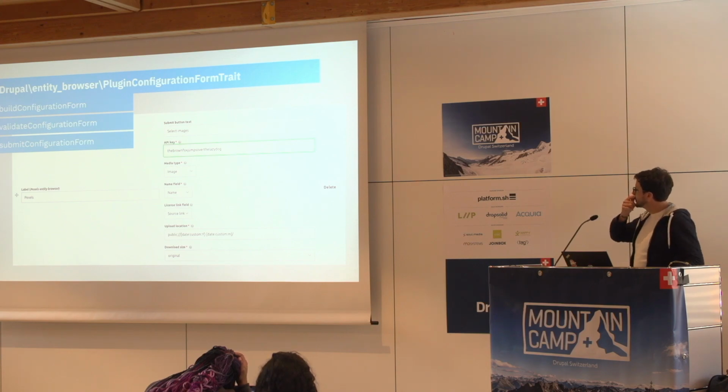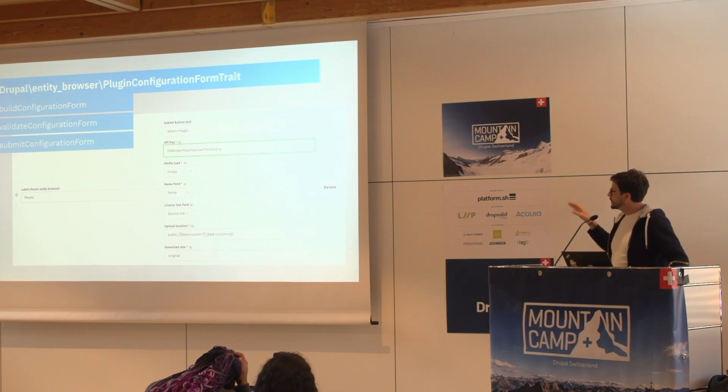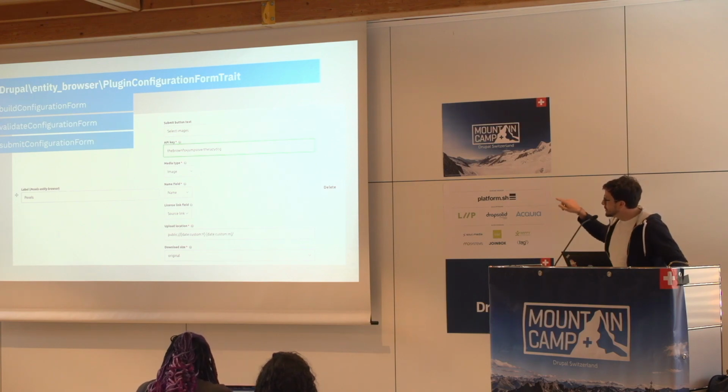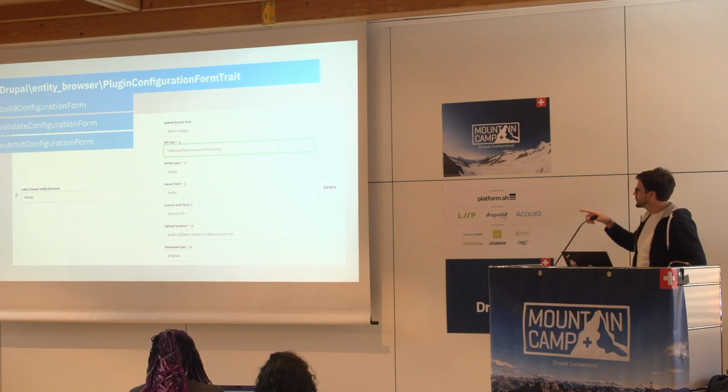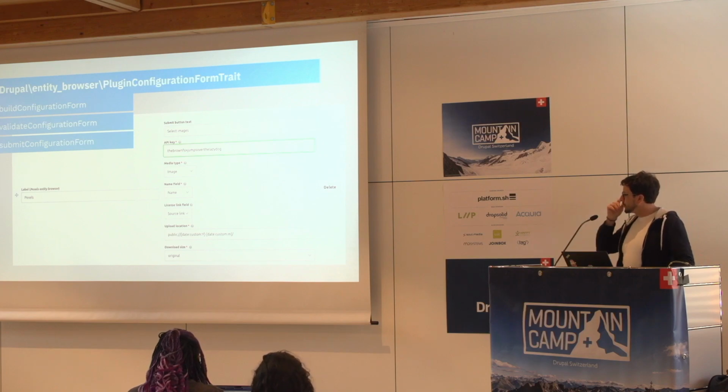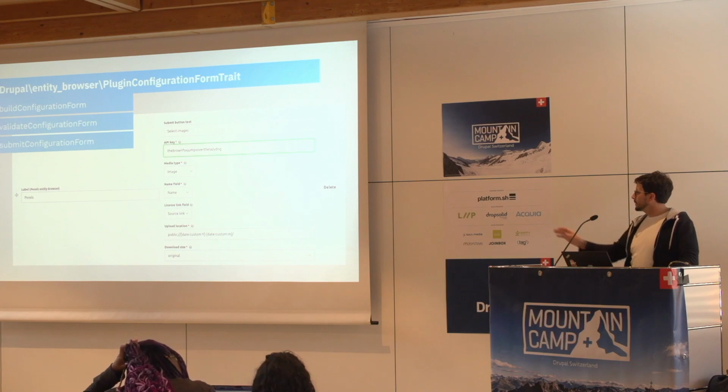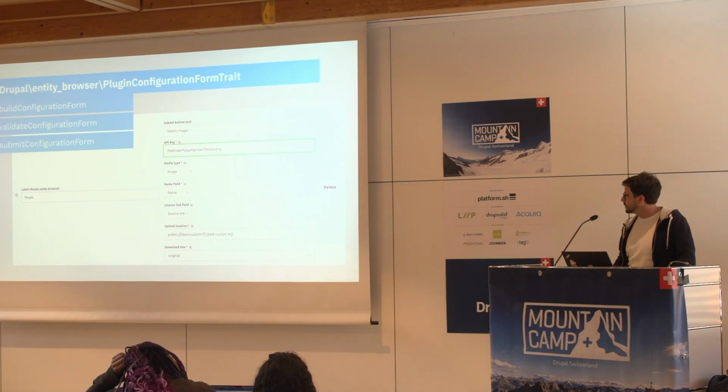For example, here we choose that we are going to create an image, and then the remote name field is going to map to the local name field on this bundle. License link field is going to map to source link, and so on. And then, for example, this is from Pexels. We also state here which size we are going to download.